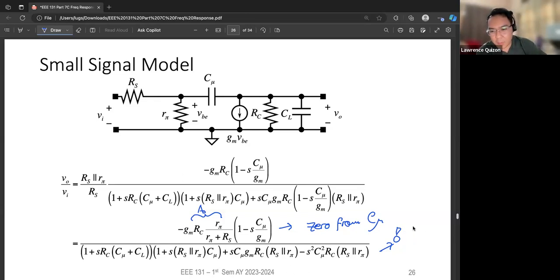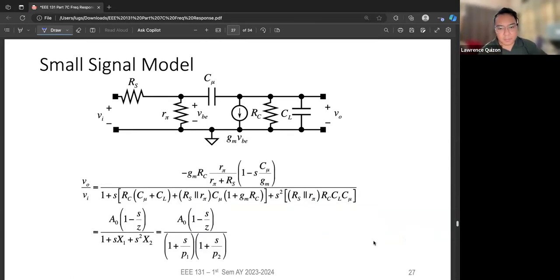But we know to expect two poles from this. Why? It's second order. So by the fundamental theorem of algebra, for second order there will be two roots, right? And the roots of these are always going to be the pole frequencies of interest.